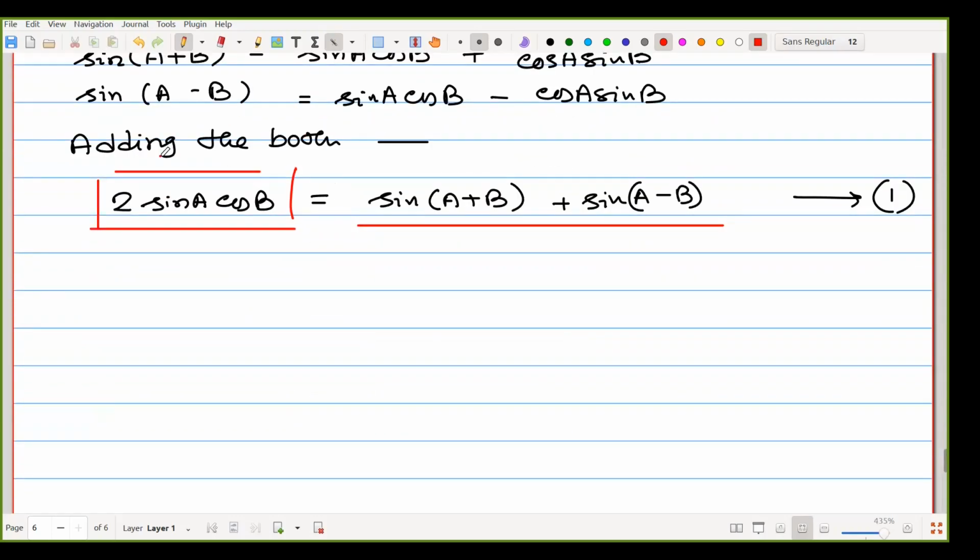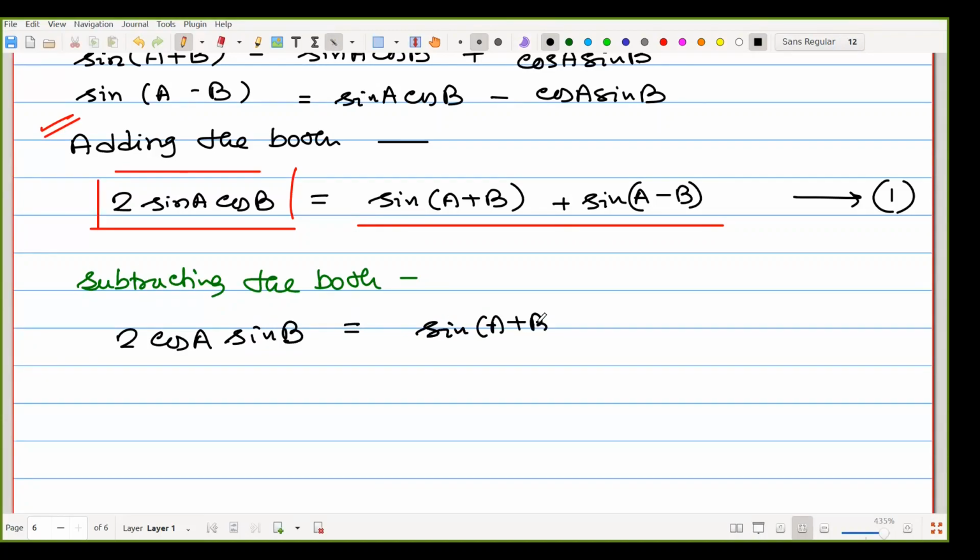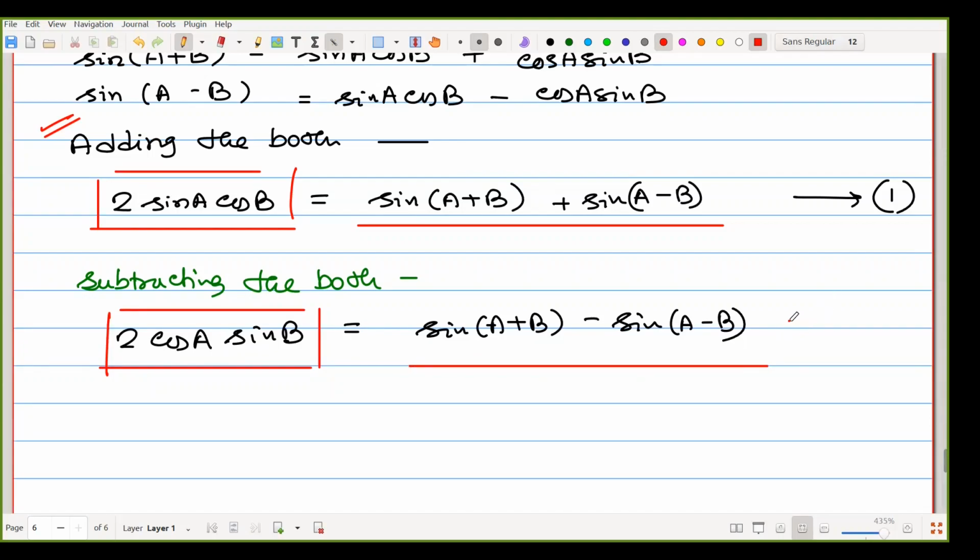Here we have added; now subtracting the second one from the first, we get 2 cos A sin B is equal to sin(A+B) minus sin(A−B). That is equation number 2, our second formula.